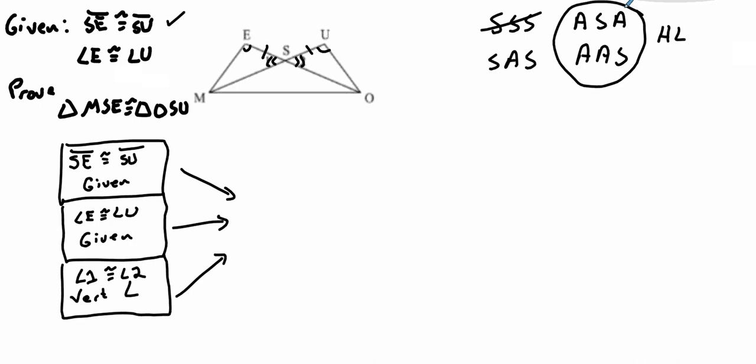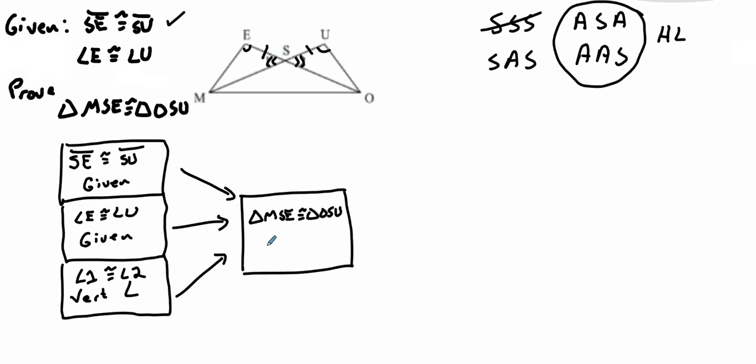And as we talked about in class, those are kind of interchangeable, but it's probably not a bad habit to look at this and say, well, based on what I have information for, based on what I have determined, I now am going to say that MSE is congruent to OSU. And the reason is side angle, or angle, side, angle. Angle, side, angle.